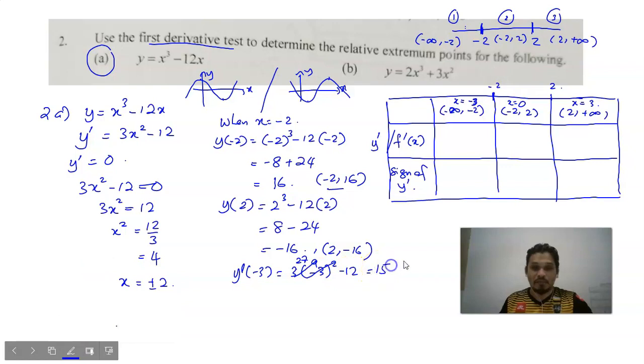It is 15, meaning the value is positive 15.